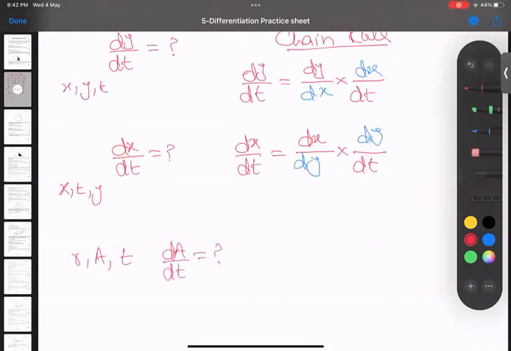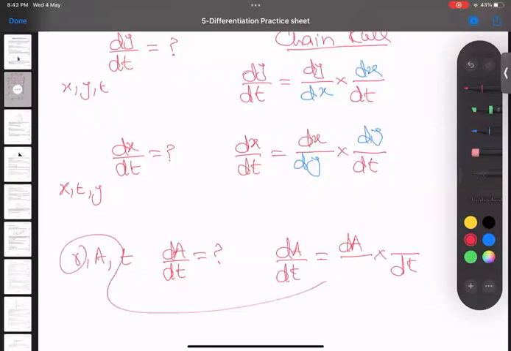How to write the chain rule formula? dA by dt is my question. I will write two fractions. This comes in the numerator, this goes in the second denominator. So I'm writing here dA, here dt. The third variable involved is radius, so radius will be here and here. I hope you understood how to write the chain rule formula.